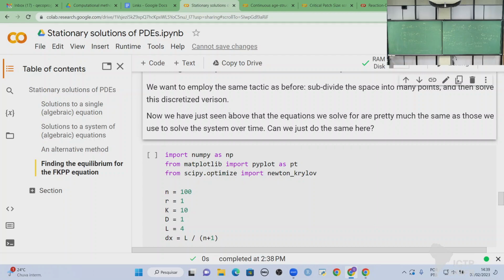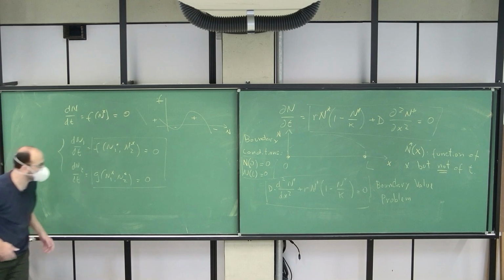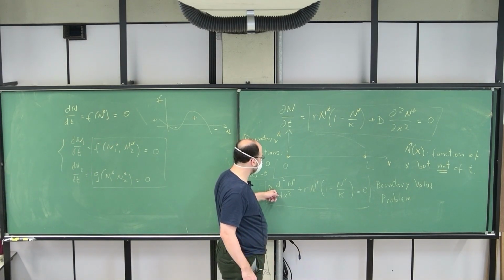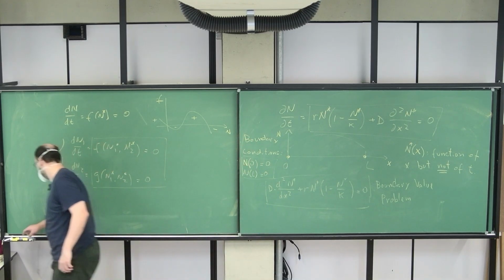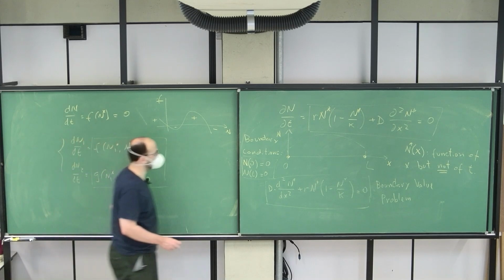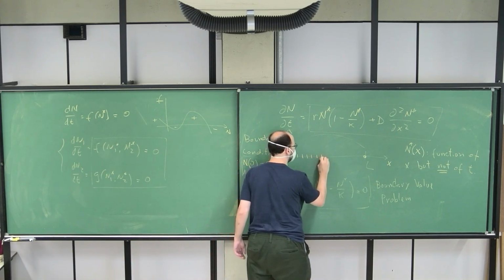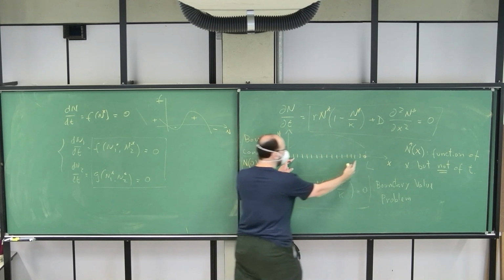You remember that when we were discussing this, what did we have? The method to solve this was the method of lines, where you put a lot of points here, and you had an array of points.